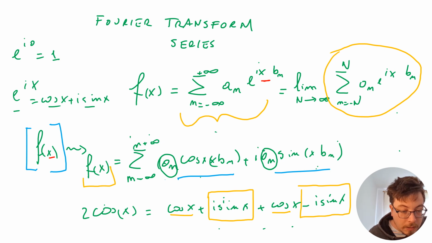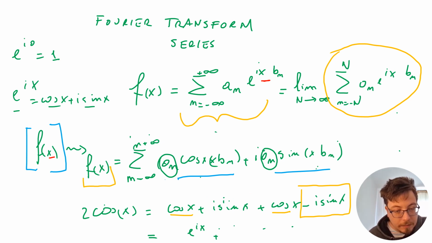But why am I writing it like this? Because now we can see that cosinus plus I sinus x is e to the ix, and cosinus minus I sinus x is e to the minus ix. Let me write it better here with a little space. So this is a minus, and this is minus ix.